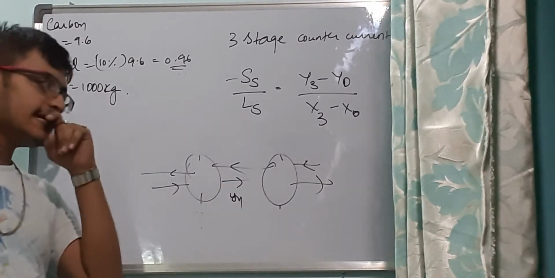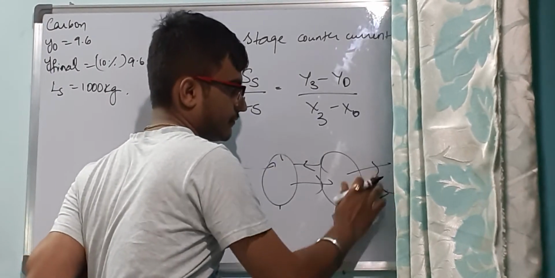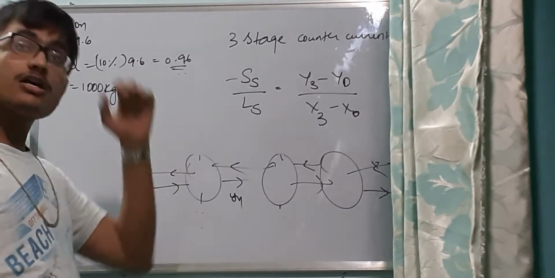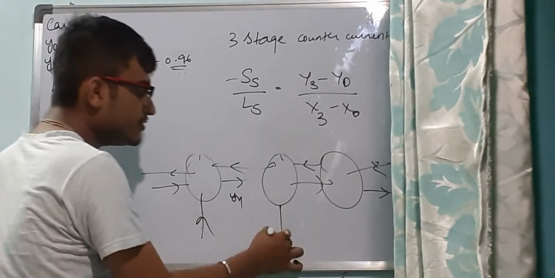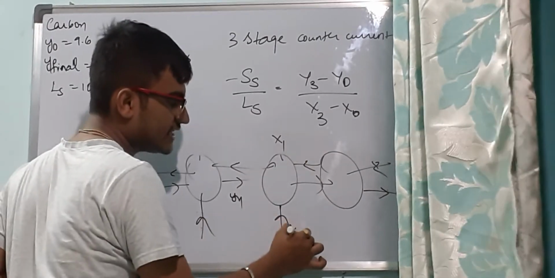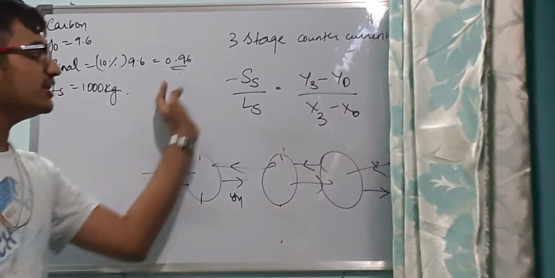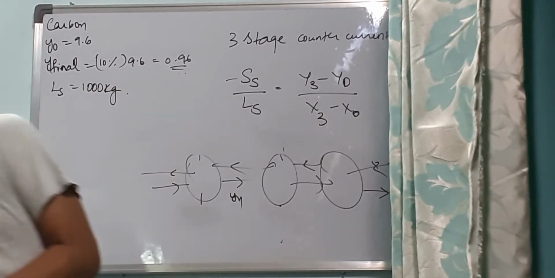In this case, he has not given you intermediate values, and you have 3 stages. In cross current, every stage you will have x1, x0, x1, x0, but in this case, you will not have that. For the third stage, you will have x3. For the fourth stage, you will have x4.